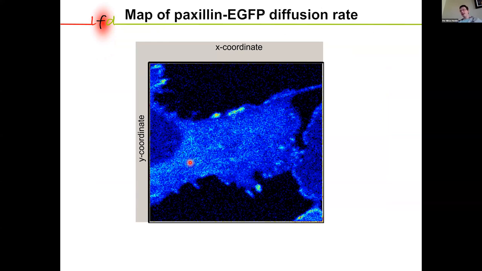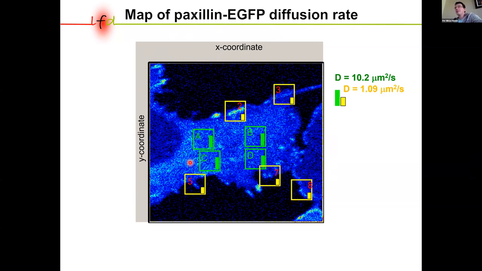Now in the acquisition, 100 frames or so were required. And then you can calculate the diffusion coefficient in regions of interest, in subregions, for example, 32 by 32 pixels. If you do that in the cell cytoplasm, you get that the paxillin-EGFP fusion is diffusing in this case at about 10 micrometers squared per second, which is quite fast.